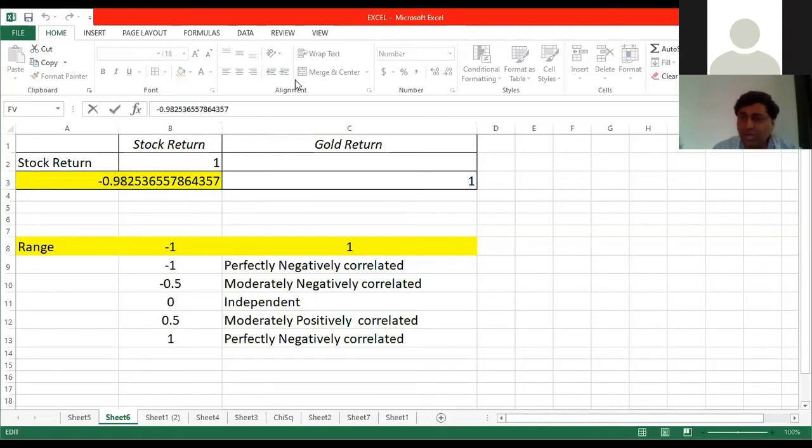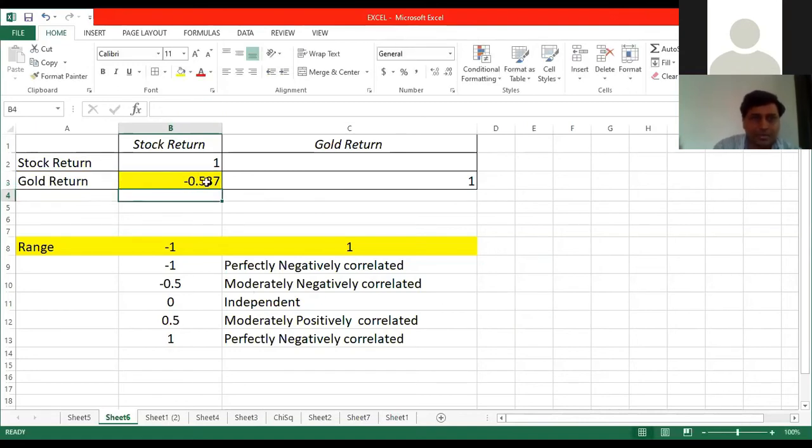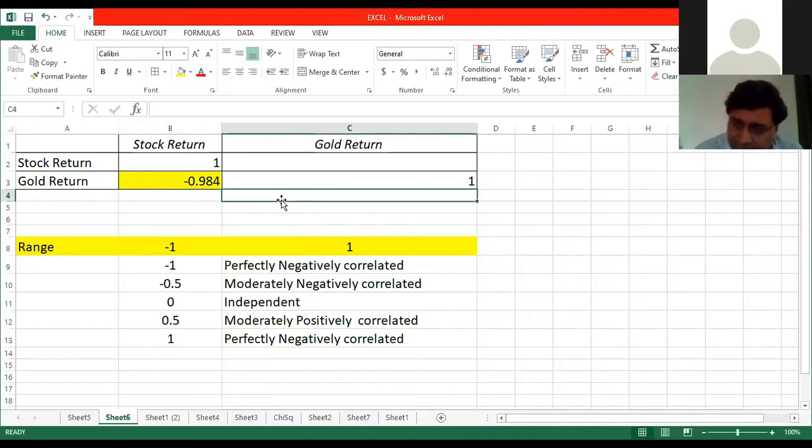This talks about how strongly they are associated, that is, how their movement is associated, that when one stock goes up the other variable goes down. Just a minute, I have put a wrong number here. So yes, they are strongly negatively correlated.